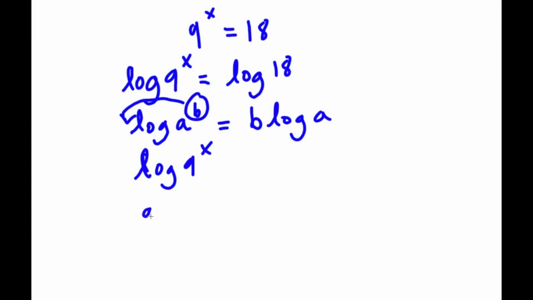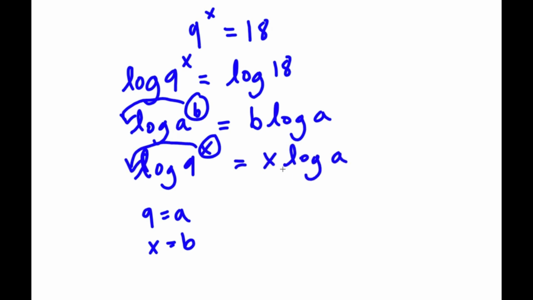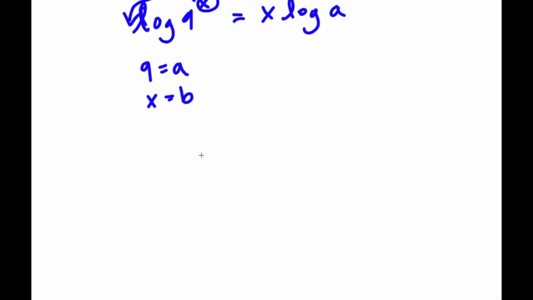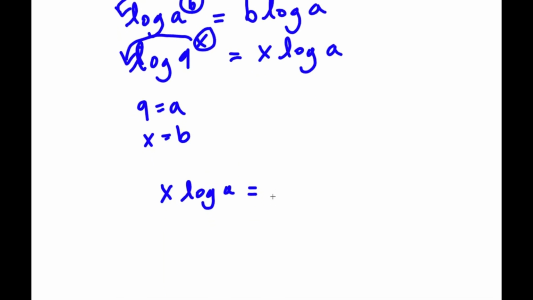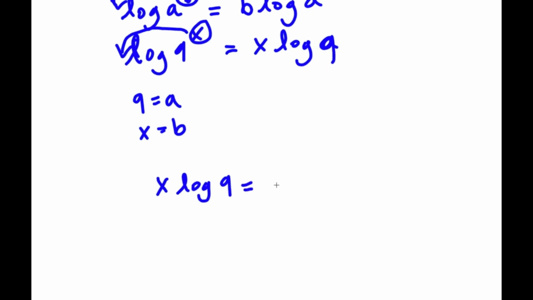We can think of 9 as a and x as b. So I'm going to move our x here to the front of the logarithm. So I have x times log 9 is equal to log 18.